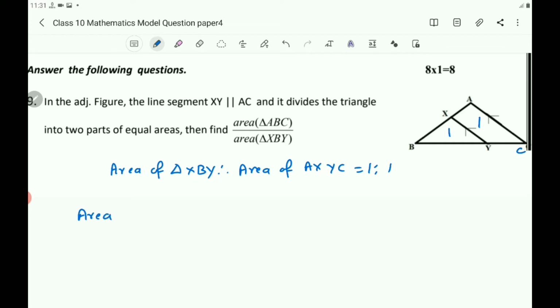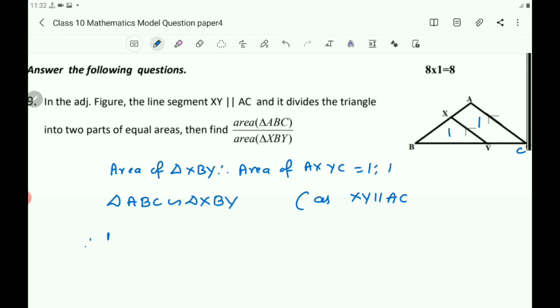And also it is given, what is given? XY is parallel to AC. So you know that triangle ABC is similar to triangle XBY, as XY is parallel to AC.